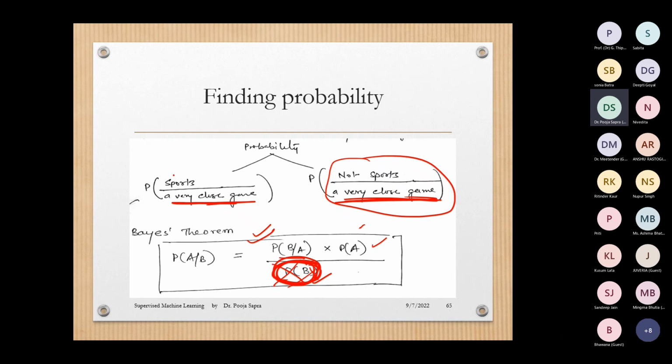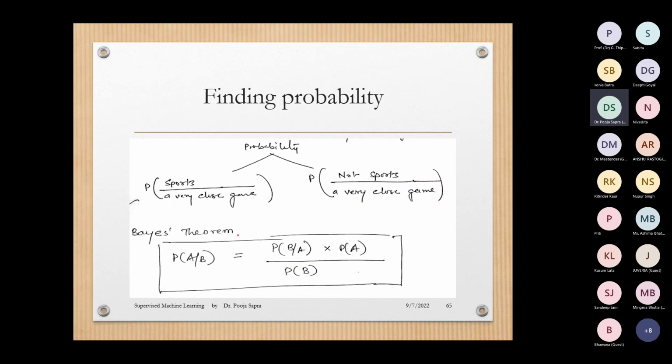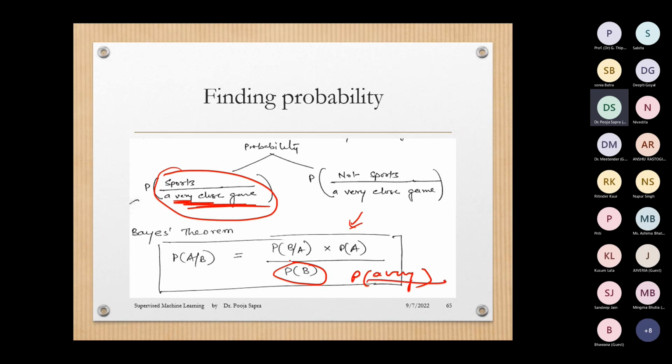For this, I need to find out the probability of both the categories. To find out the probability, I applied Bayes theorem. In Bayes theorem, it gave me the denominator as probability of what? A very close game, right? Similarly, for this also, the denominator would be probability of a very close game.